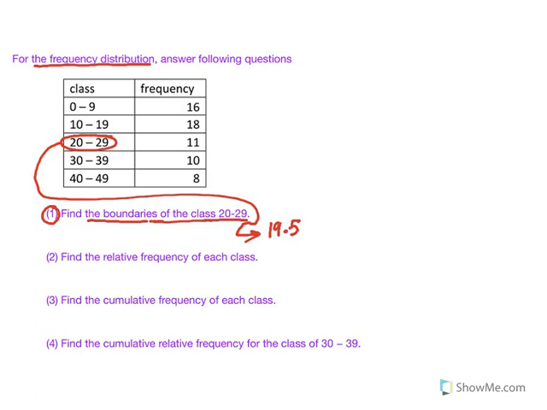So if you subtract 0.5 from 20, you get 19.5, up to, you add half to the last value of the class, and you'll get 29.5. So these will be the boundaries of this class.